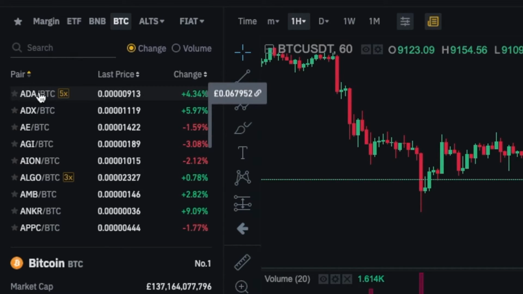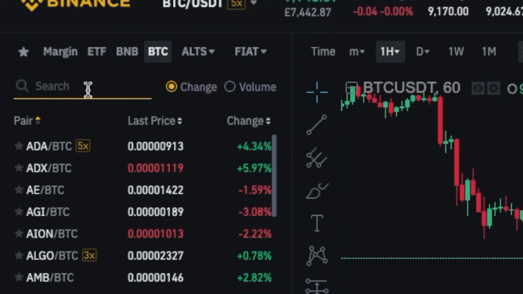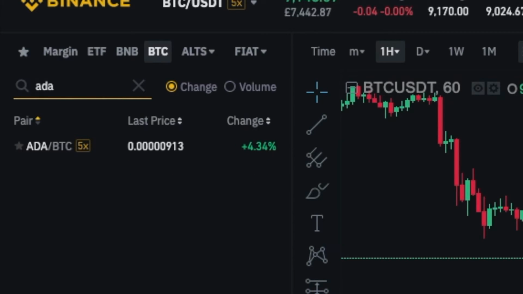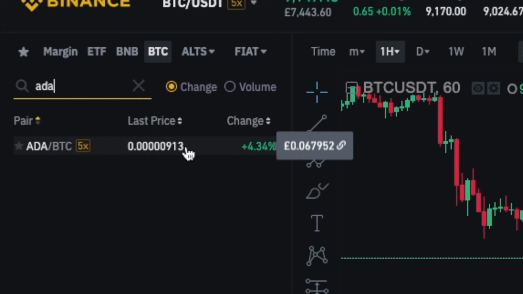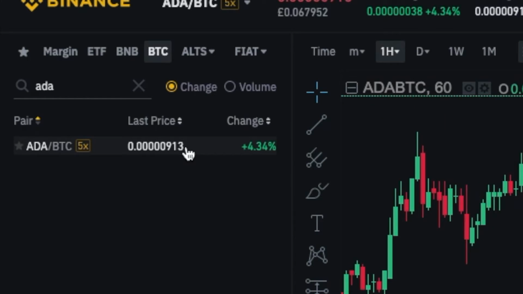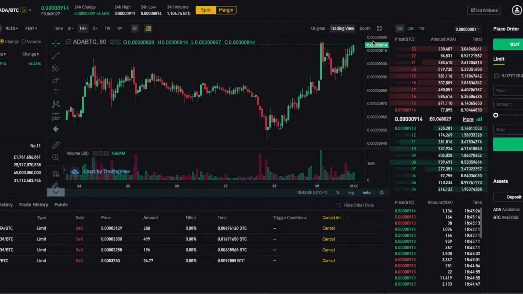If I believe that ADA for the next day or two is going to outperform BTC, so that this price of 913 is going to go up, I would create a buy order here, but I'll come back to that.